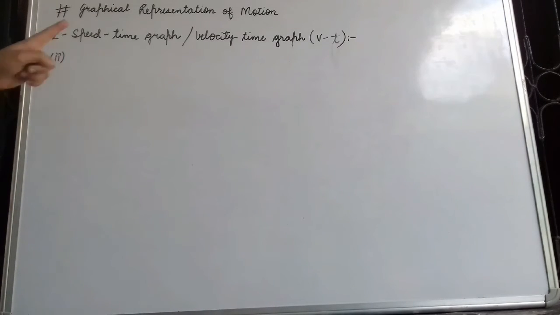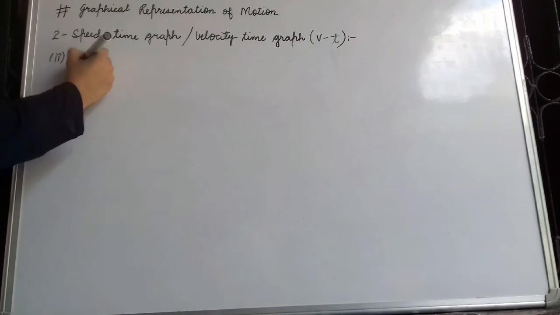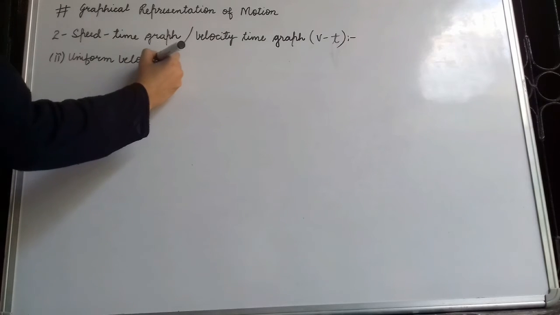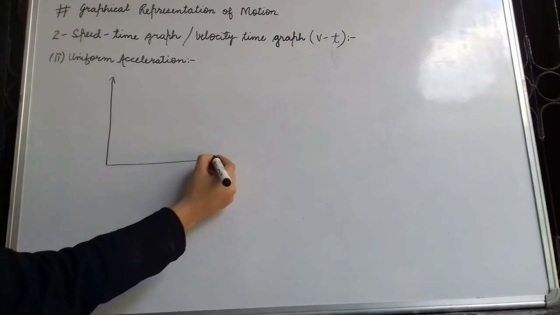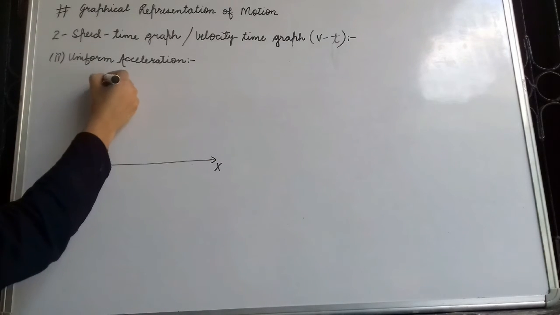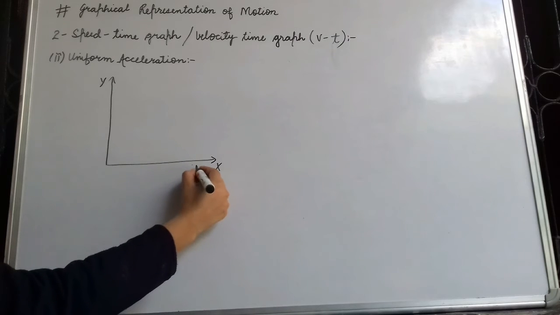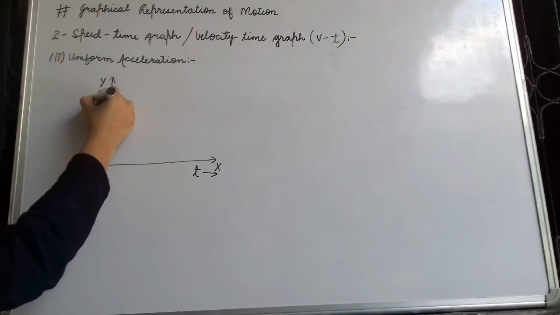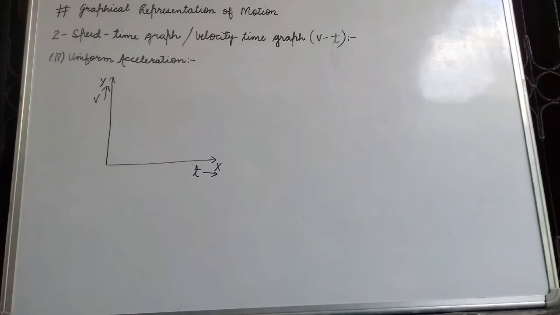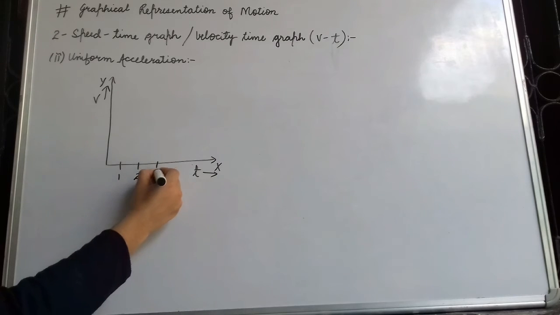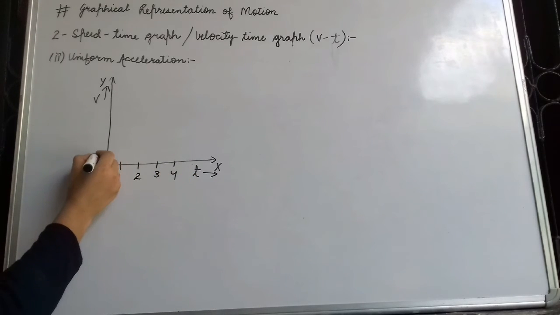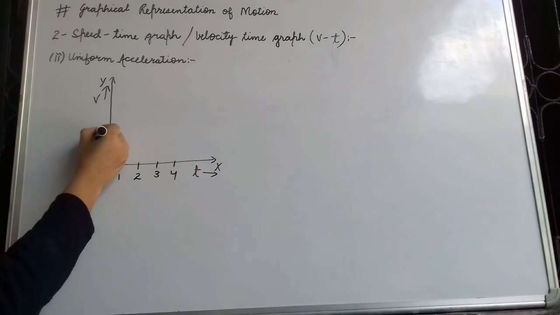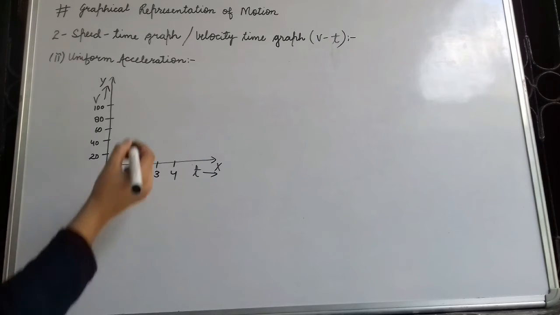Then the next type of graph is of uniform acceleration. Let's take the x-axis and y-axis. What is acceleration? Increase in speed. Let's take time in seconds and velocity again in meters per second.